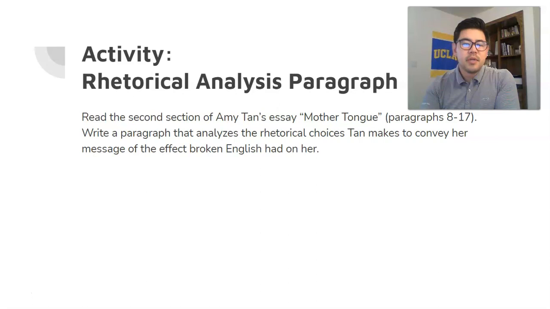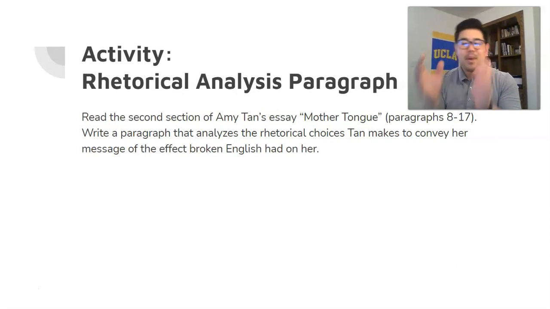And so here's the activity that I want you guys to do at home. This is what you're going to do and submit it. You're going to look at the second section of Mother Tongue, which is paragraphs 8 through 17 in your textbook. In third edition, you have it in your textbook. If you have second edition, look at the essay that I put online. I'll put it on today's daily agenda as well.